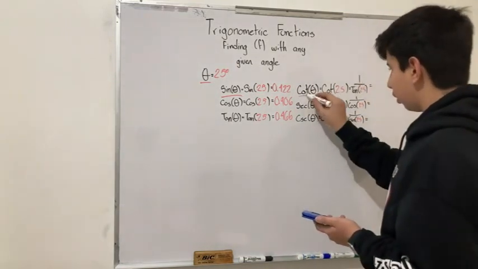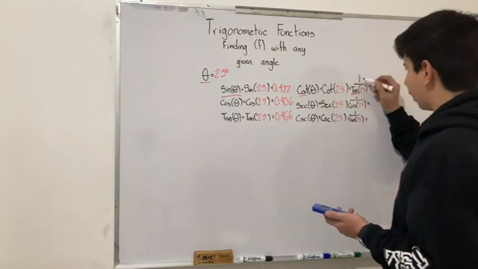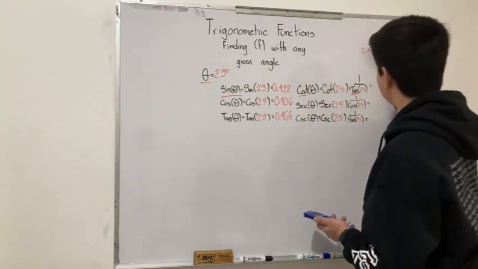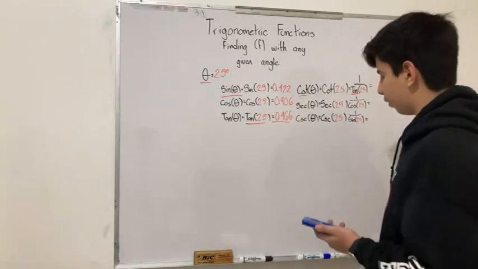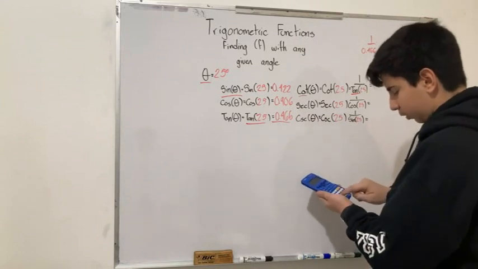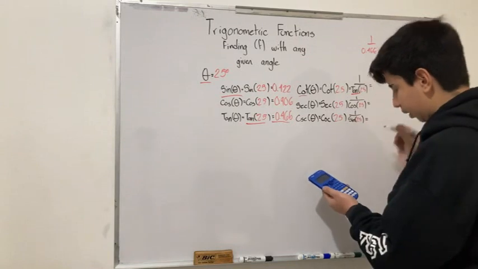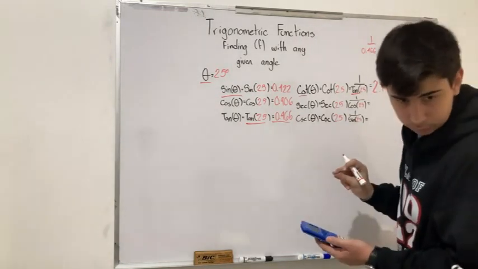For getting cot, I divide 1 by tangent 25. I can either put 1 divided by 0.466, because I already know that tangent 25 is 0.466, or I can put it in the calculator, 1 divided by tangent 25. It will give me the same, 2.144.